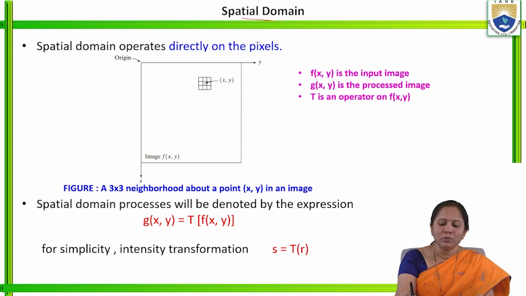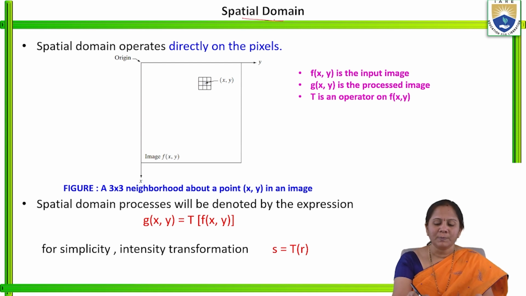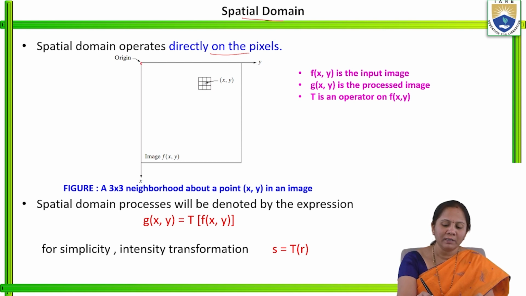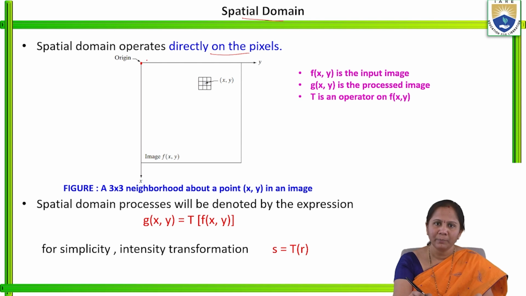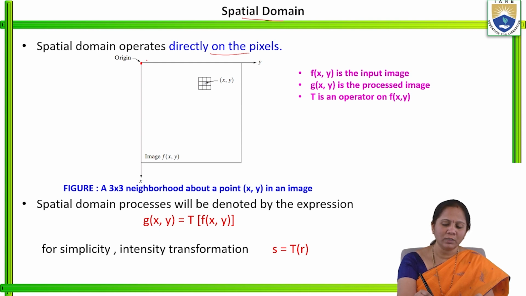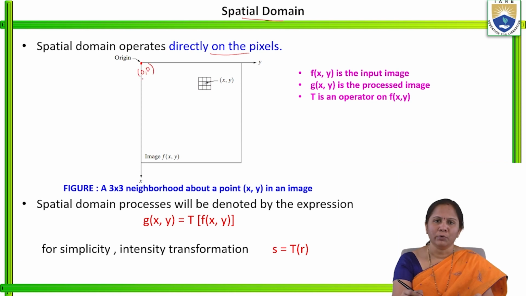Coming to the spatial domain, it operates directly on the pixel. Any image element will be represented in the form of a pixel. For example, if you consider this is an image, and a pixel which is present at the origin, its coordinates will be 0, 0.